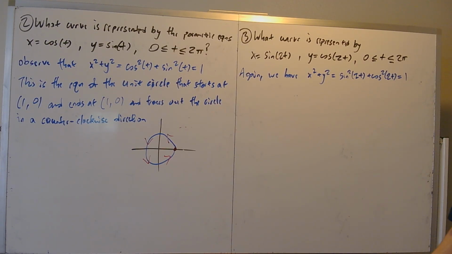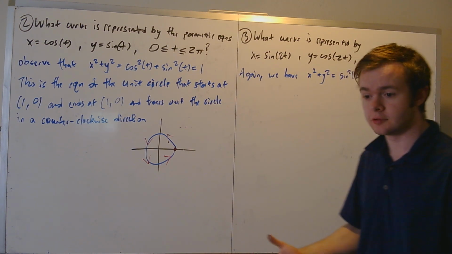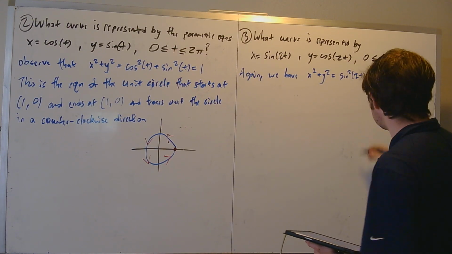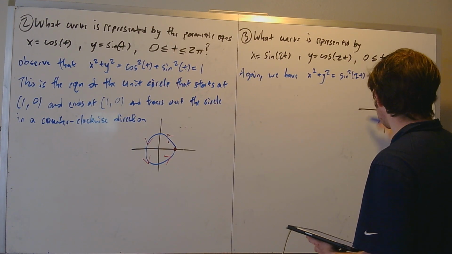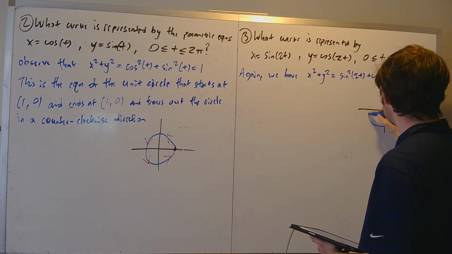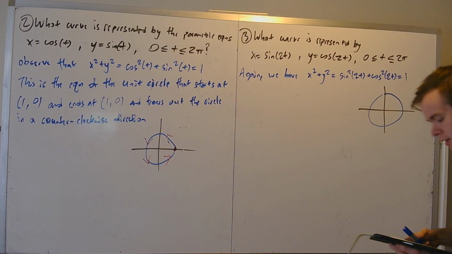Right, so again, this is the unit circle because you have x squared plus y squared equals 1. So if we just care about x and y, it gives us the same thing. So again, this gives us the unit circle. But remember what I said is that the parametric curves encode more information than just the x and y. They also tell us about how the particle moves with respect to time.